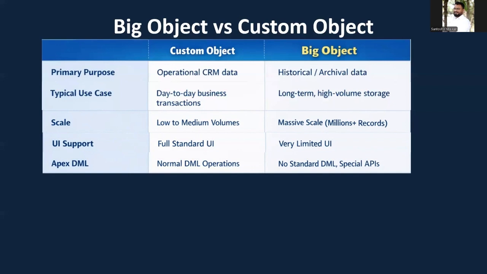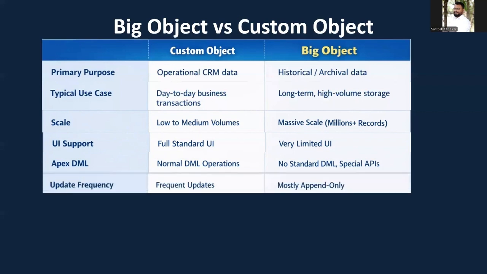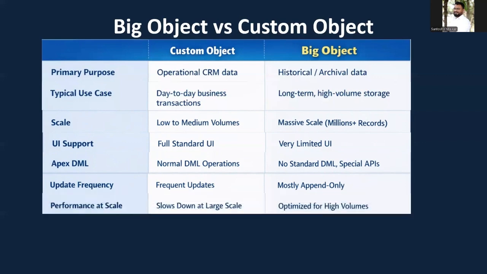When it comes to Apex DML operations, custom objects are supported by DML operations whereas for big objects, you need to use special APIs. Frequent updates can happen on the custom objects whereas big objects are append only.